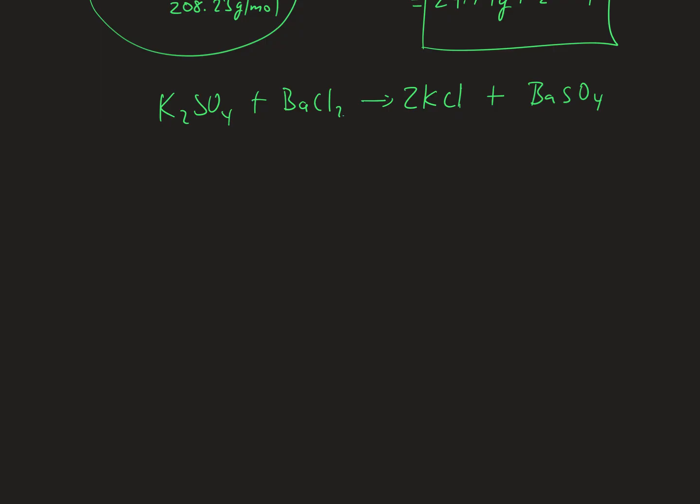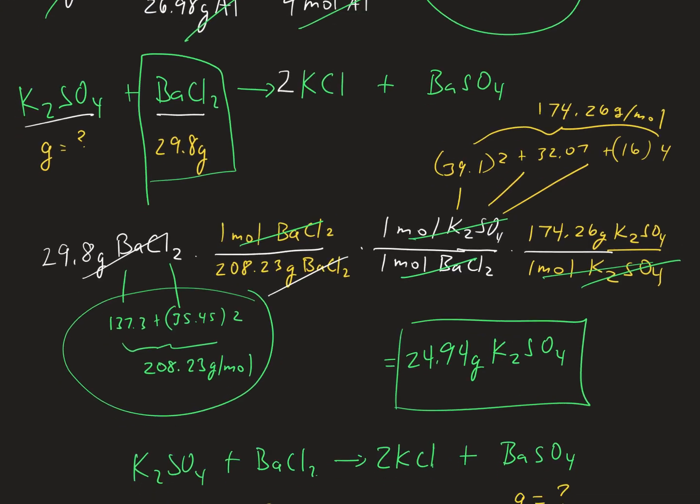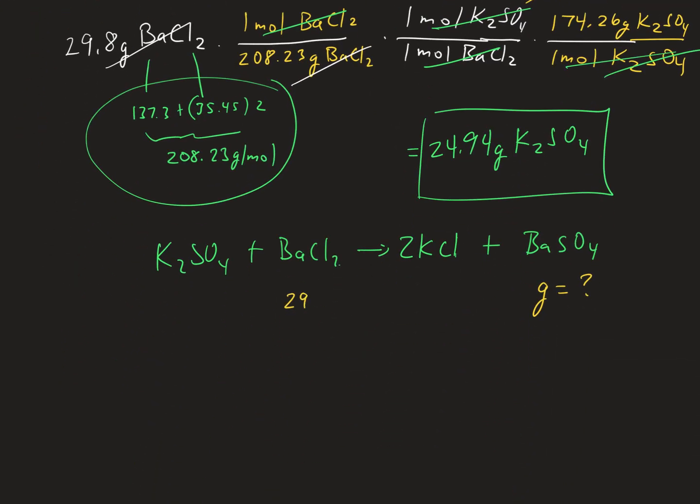And I want to know how many grams of barium sulfate I will get if I start with the same amount as the last one, 29.8 grams of barium chloride.